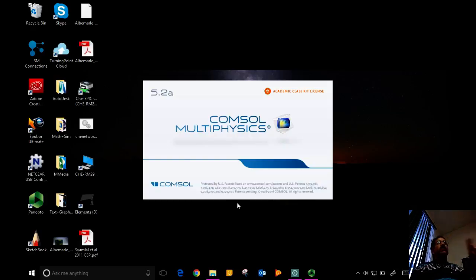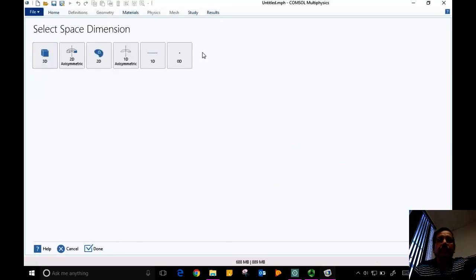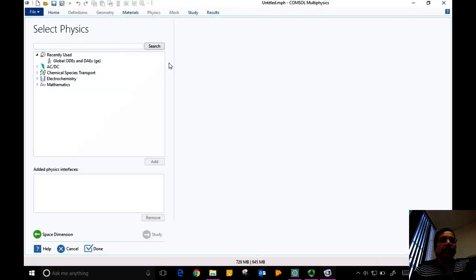And then the only model that we need to do is a boundary value problem, how to solve this in MATLAB and in COMSOL. Okay, so a model wizard, pick 0D, okay, and then pick, I think that's it, done.